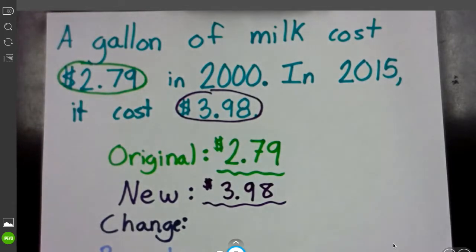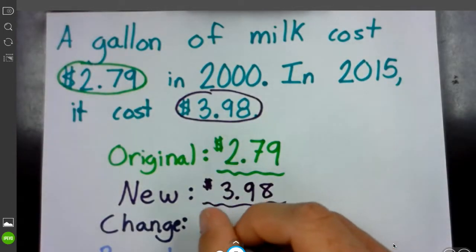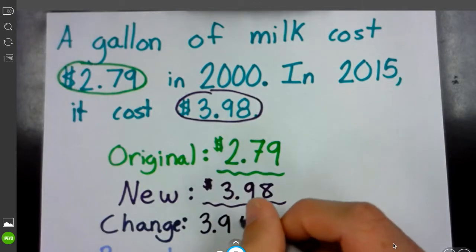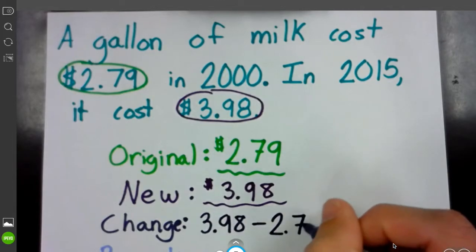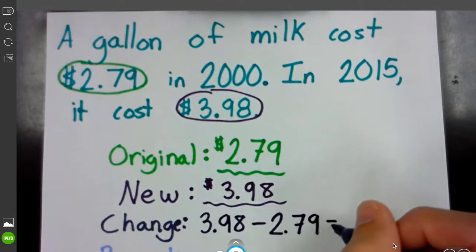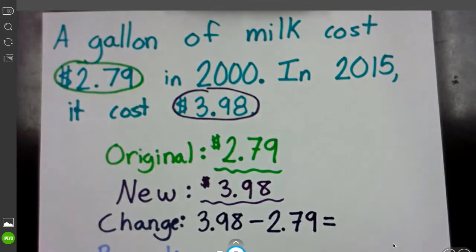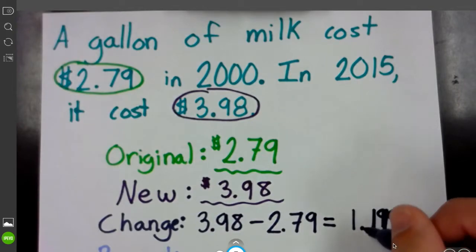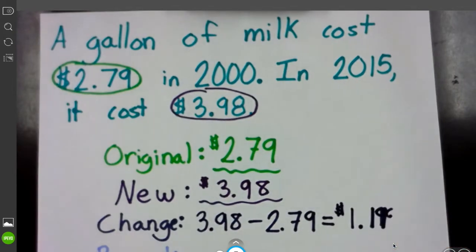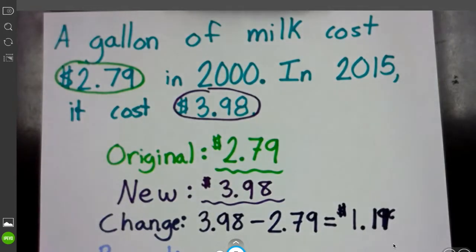Put the largest first, so $3.98 minus $2.79. And so you're going to get $1.19. $1.19 is the change. Okay, so it went from $2.79 to $3.98. It went up $1.19.